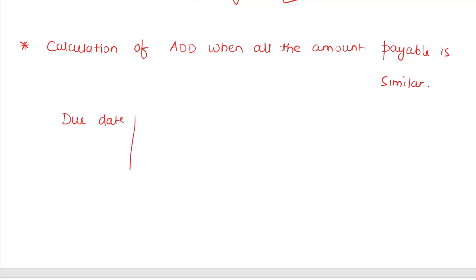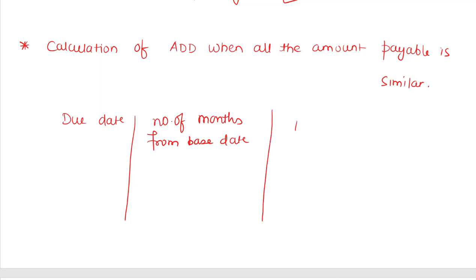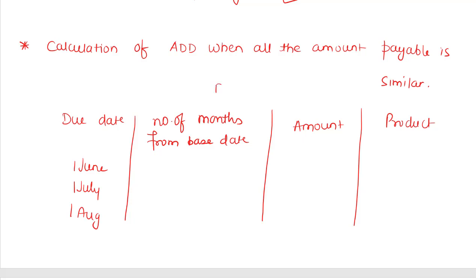Due date, number of months from base date, amount, product. Due dates are 1st June, 1st July, and 1st August. Base date is 1st June. So 0 month, 1 month, 2 months.